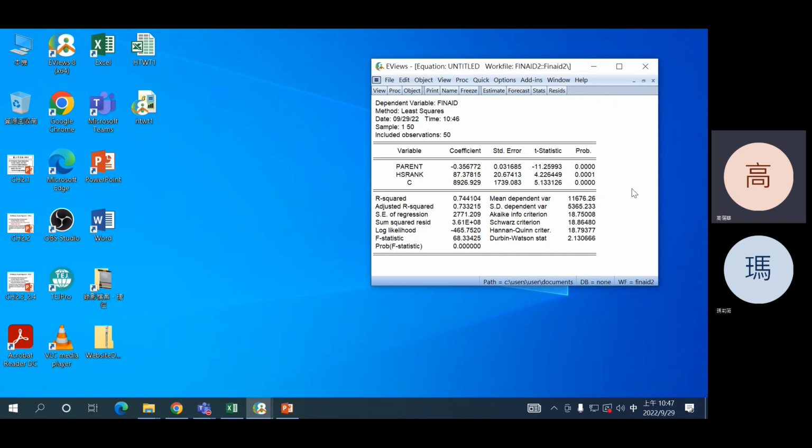Negative 0.36 or positive 87.38. Anybody? How about Stephanie?